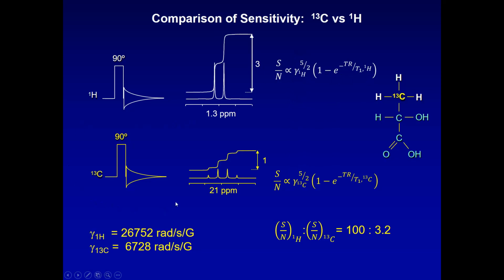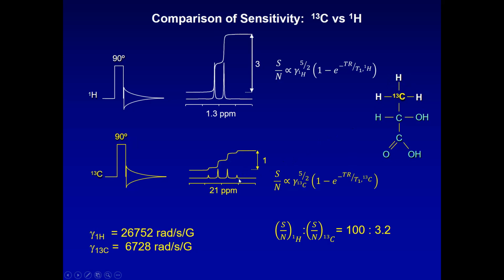Now we'll look at the same experiment with pulse acquire for carbon-13. What would be a single carbon-13 peak, if it had no coupling, is now split into a quartet by these 3 protons. And that splitting occurs according to whether all the protons have their nuclei with spin up, or one of them is spin down, maybe this one, or that one, or that one, or 2 of them in any combination are spin down, or they're all spin down.